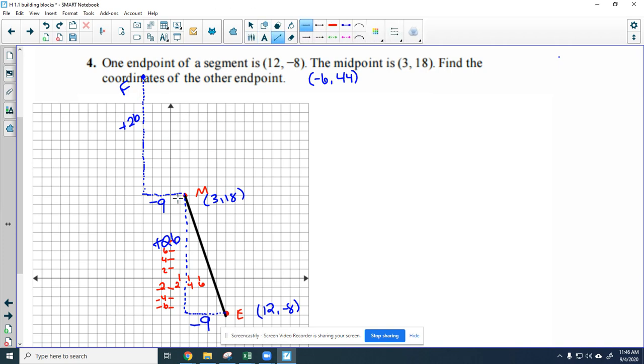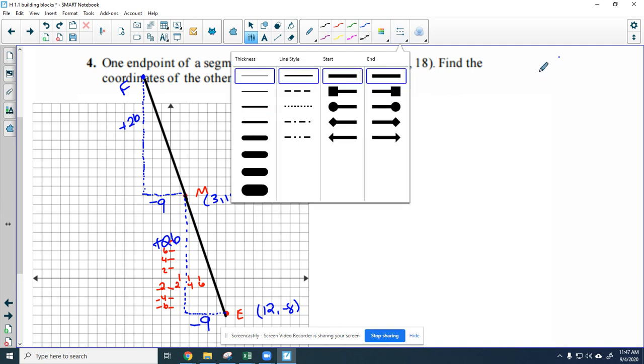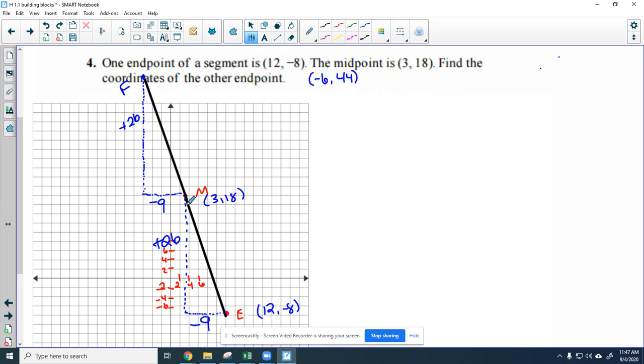So I can see it, but now I have to figure out where it is. So option 1, if you have the grid there, you could just count. Again, a little bit harder this time, only because the numbers are so big. Okay, option 2, use the coordinates that you have listed there so far to help you do this. So I know that again, I went left 9 and up 26.